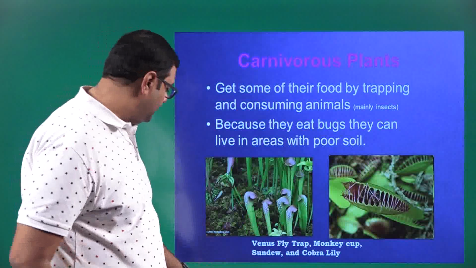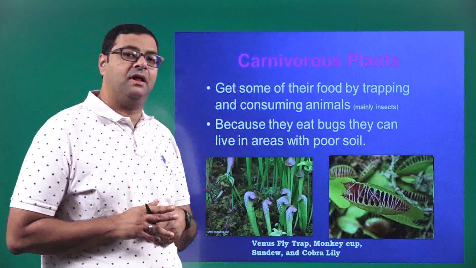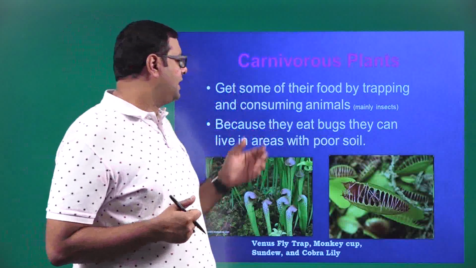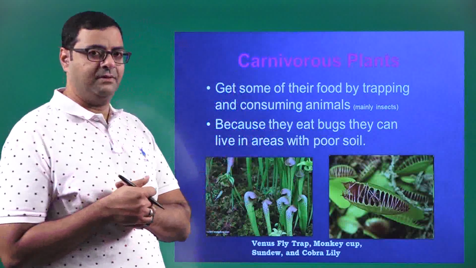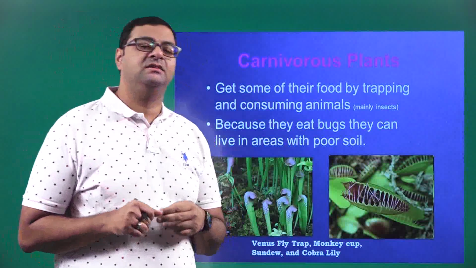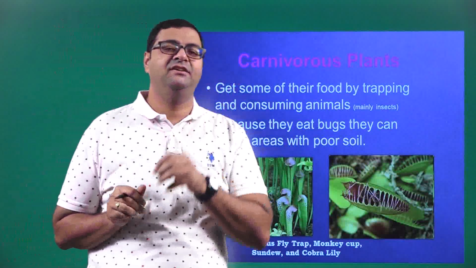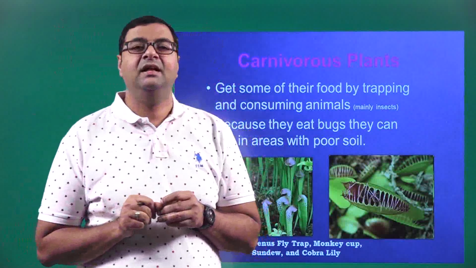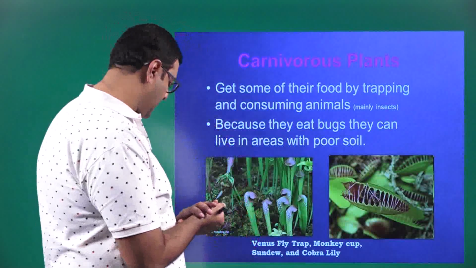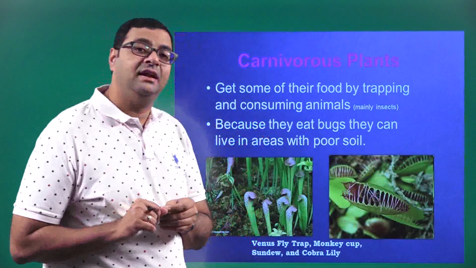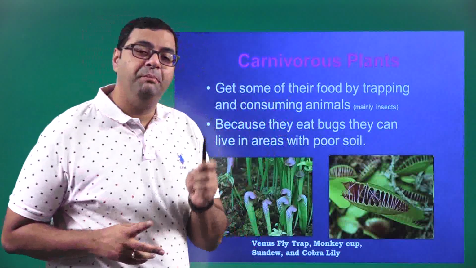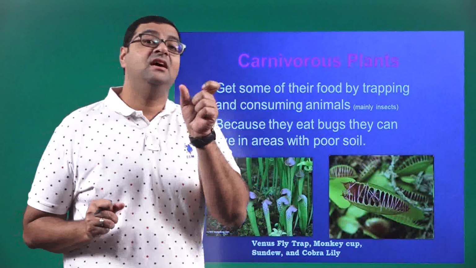Then you have carnivorous plants. This is also a type of adaptation where these carnivorous plants grow in soils which are deficient in nitrogen. The main source to make proteins for the plant is nitrogen.